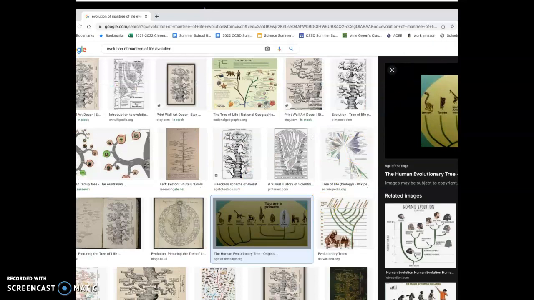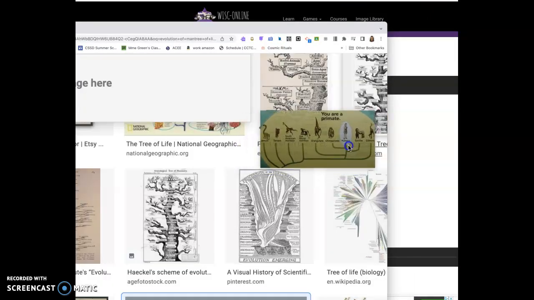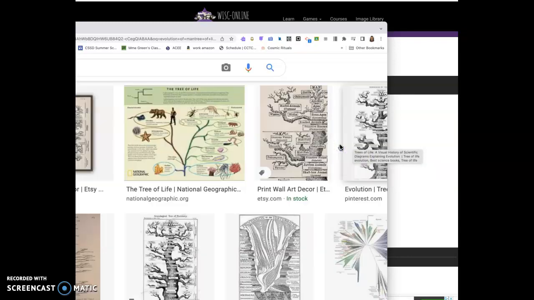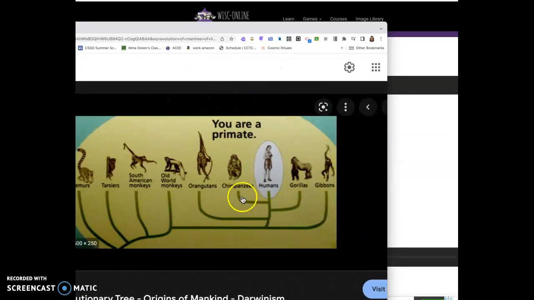It's because lots of people argue about evolution. Technically we are what's called a primate, but we are not that closely related to the other species. Yes, we're more related to a chimpanzee and a gorilla than we are to lemurs, but we still have our own branch.